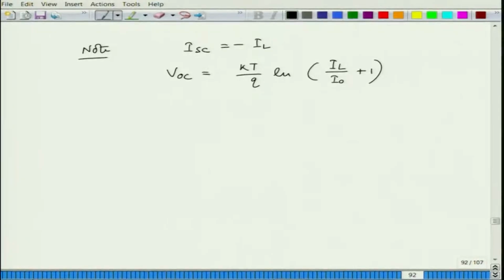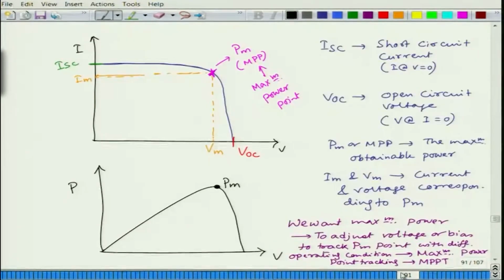Now, if you look at this particular diagram, you can see that the area under the IV curve is greater than what you get under the PM point. Okay.